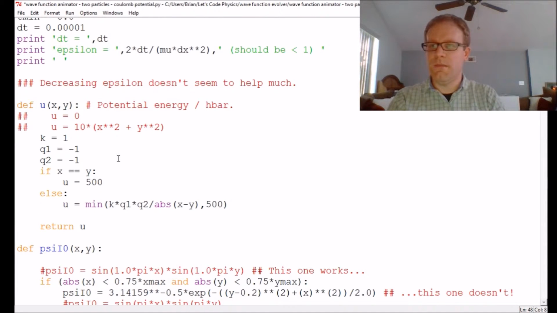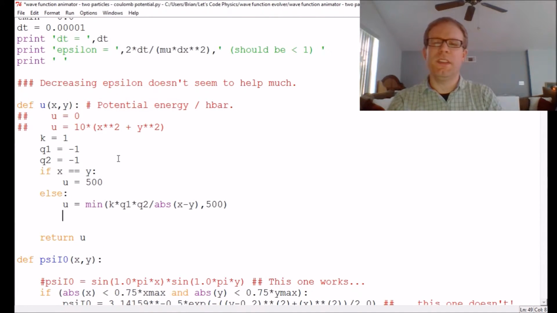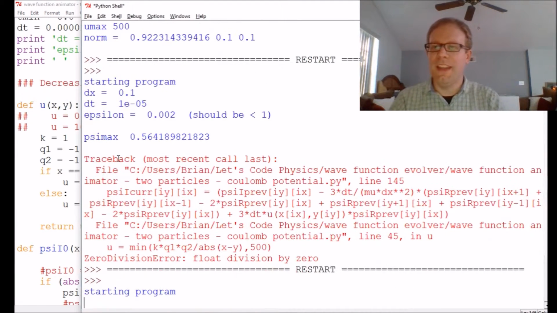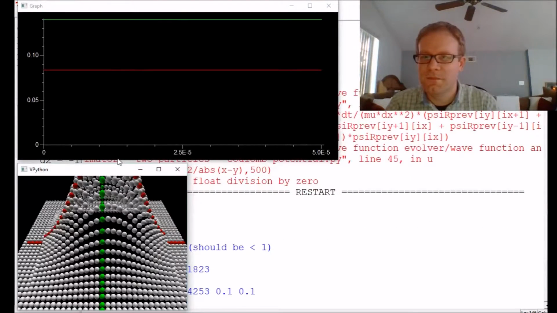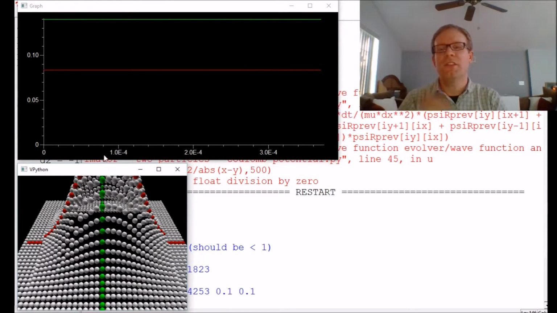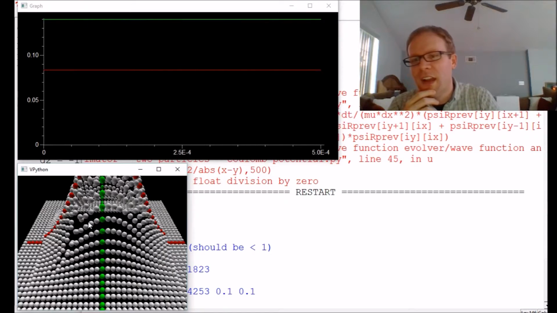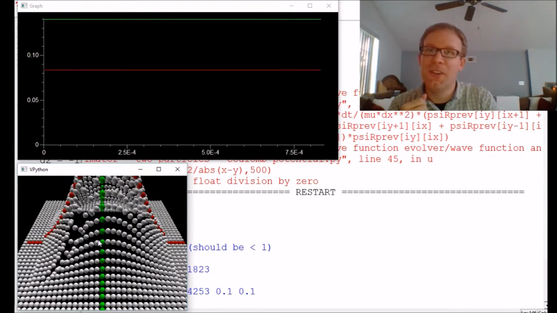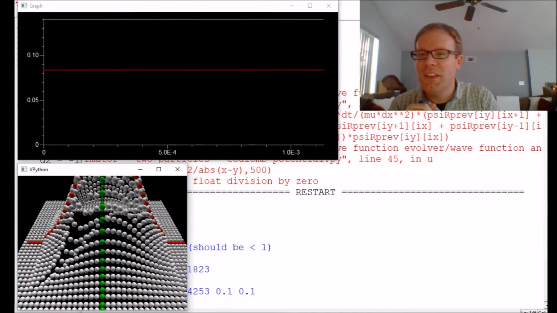Else u is equal to the minimum of these two. I do want that to be the minimum, right? Yeah. Okay, let's try that. Oh, cool. All right, so these are both positive now like I expected. So that was throwing it off. I wonder what that did to my results in the last video. Well, I've already recorded that one, and you've already seen it, so we're not going to worry about that. Okay, so everything is working fine now.